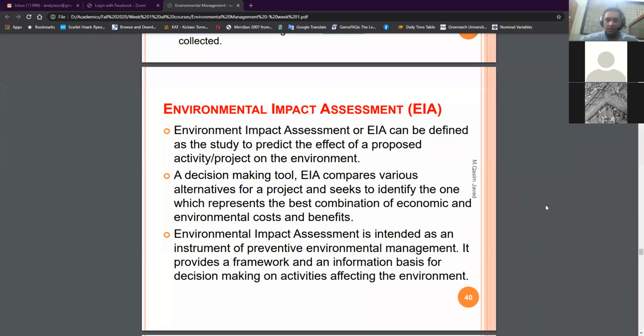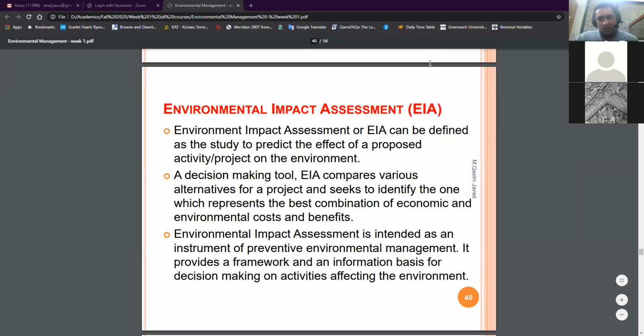But in developed countries, or even in a lot of developing countries like China and India, there are strict rules and regulations which require extensive environmental impact assessment. Now, what EIA basically is, we will review these points and then discuss in detail.